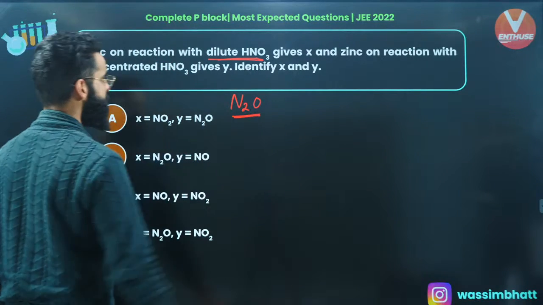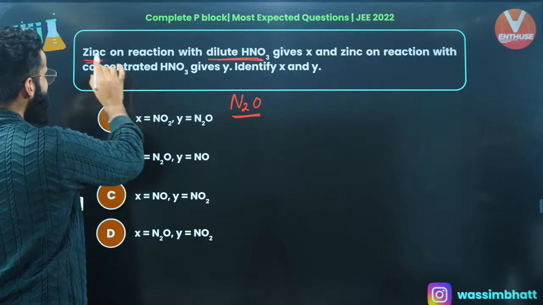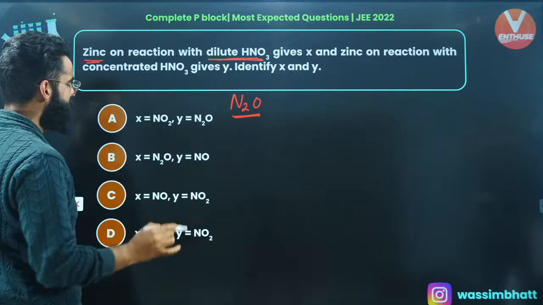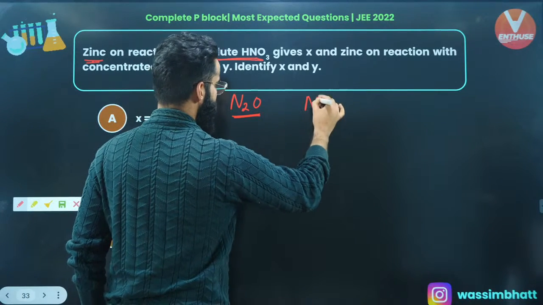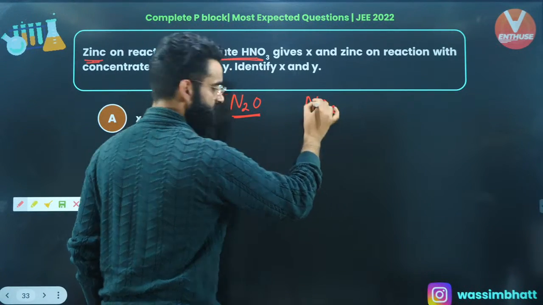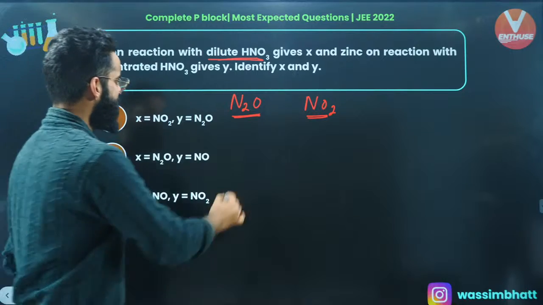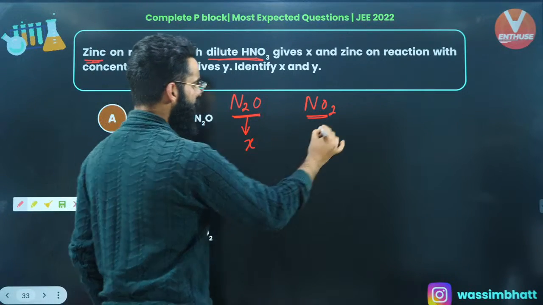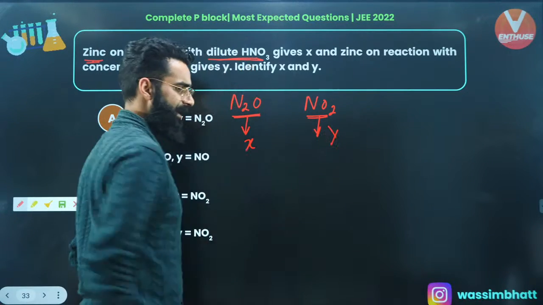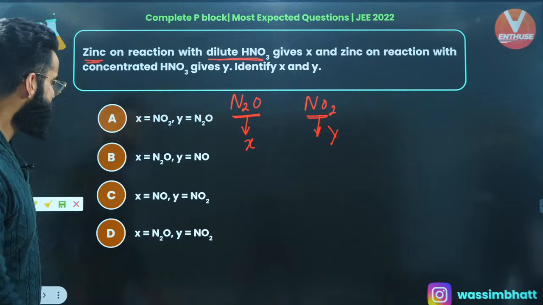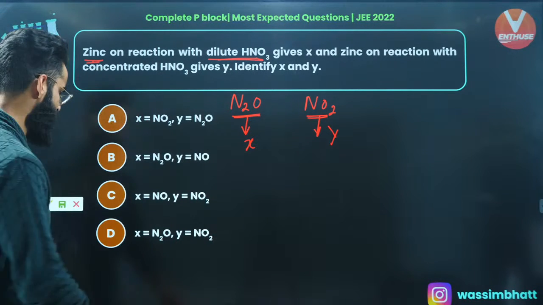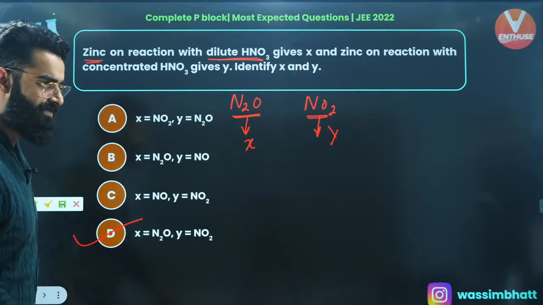This is one of the byproducts which gets formed in the reaction. And when the same zinc reacts with concentrated HNO3, there will be formation of NO2 as well. So this X is going to be N2O and Y is simply going to be NO2. Look at all the options, N2O and NO2. So it's option D, which is the correct answer of this particular question.